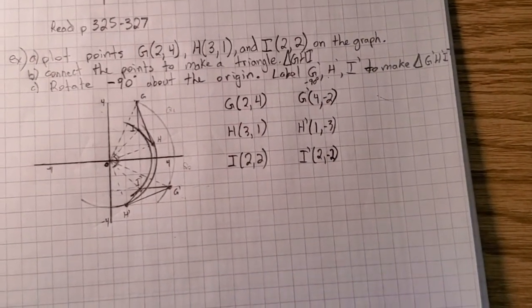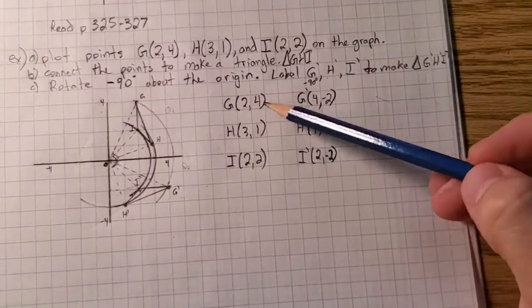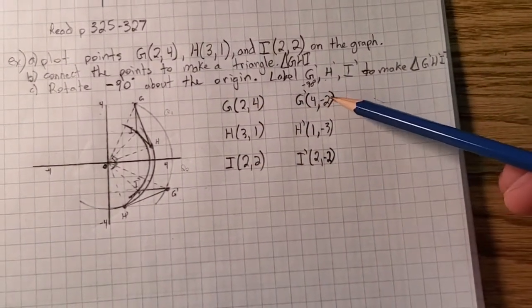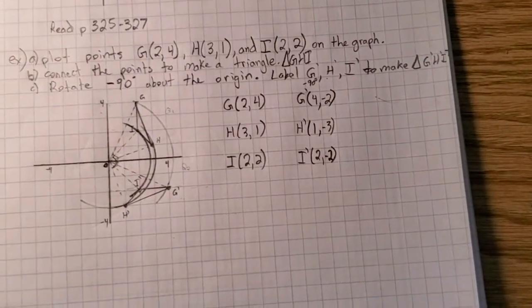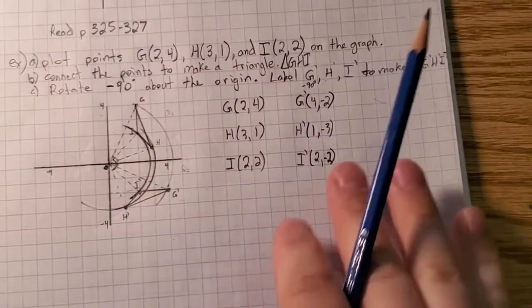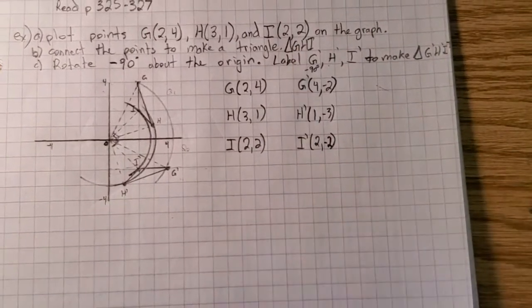This will always be the case for the rotations, that the numbers you're dealing with will be the same numbers. The signs will just switch. So that leads me to kind of a quicker shorter way to do this.